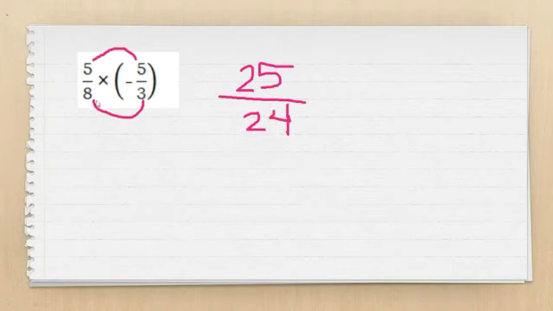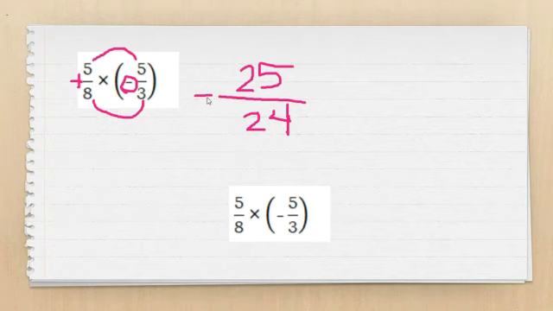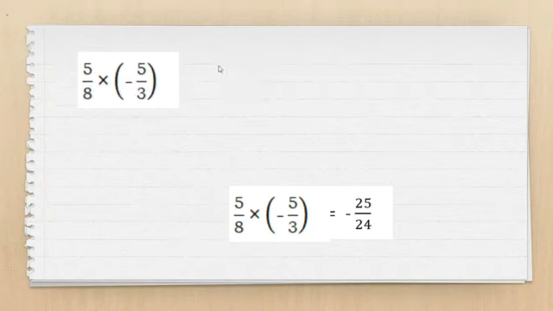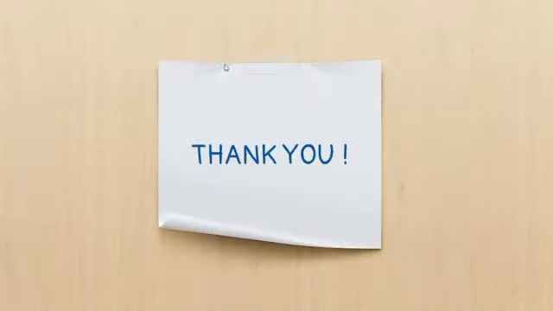Ngayon, tingnan natin, I have a positive here and a negative there. Different sign. Ano kaya magiging sign ng ating final answer? Different sign, sabi natin, that's negative. Therefore, 5 over 8 times negative 5 over 3 is equal to negative 25 over 24. Okay? So, ganun lang.